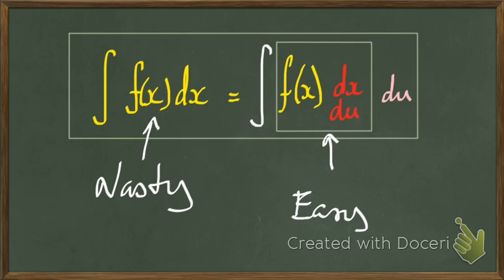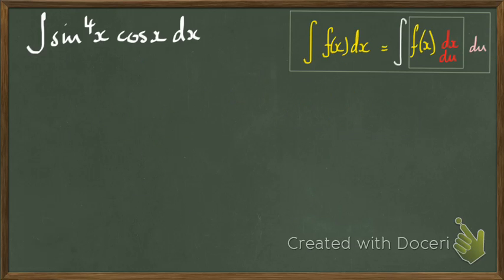I'm not going to go into any detail. If you don't understand this, you need to go back to the original video, and that will help you through this bit. But we're going to look at a trig function, which is the integral of sine 4x cos x dx.